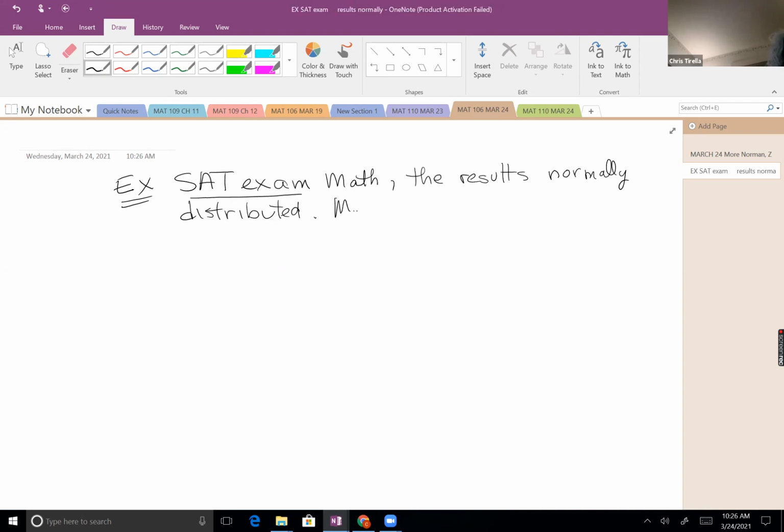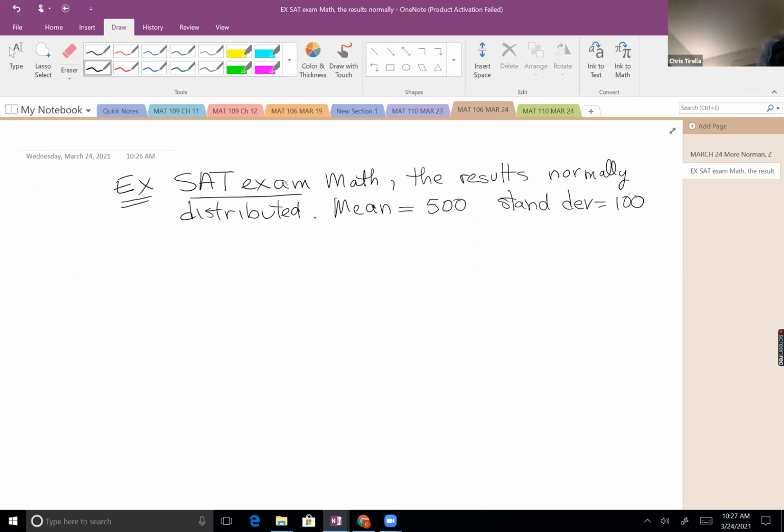They're scaled so that the mean is 500 and the standard deviation is 100. After everybody takes the test, they scale it so that you have a mean of 500 and a standard deviation of 100.